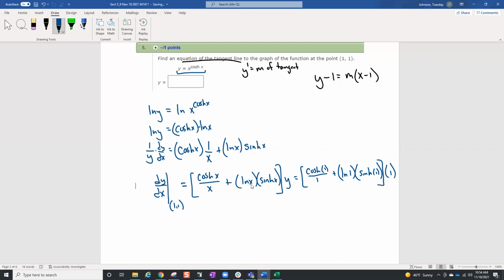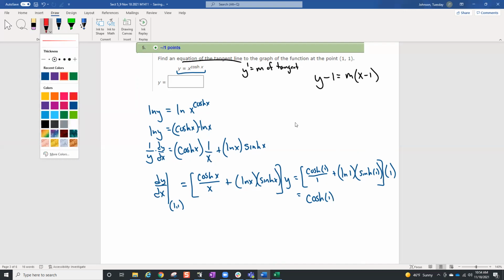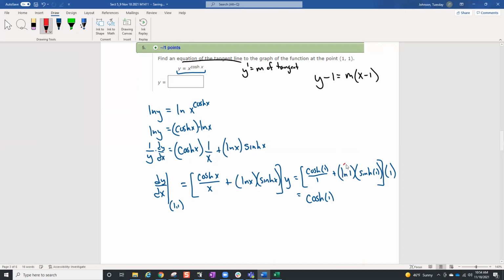It makes it a little bit easier to evaluate. Hyperbolic cosine of 1 divided by 1 is hyperbolic cosine of 1. Natural log of 1 is 0, so this whole thing is 0. And when I multiply by 1, we're done. That's it. So this is our slope, m.